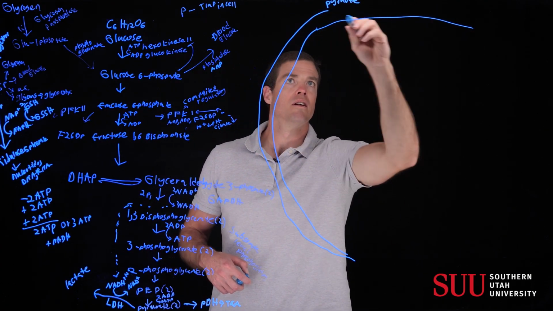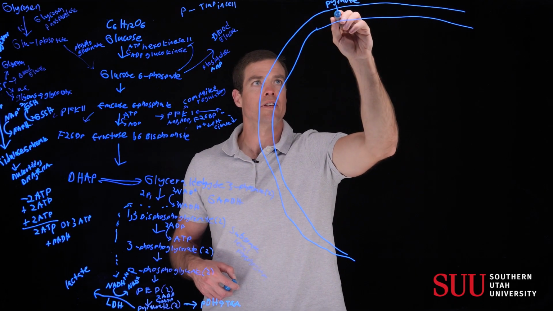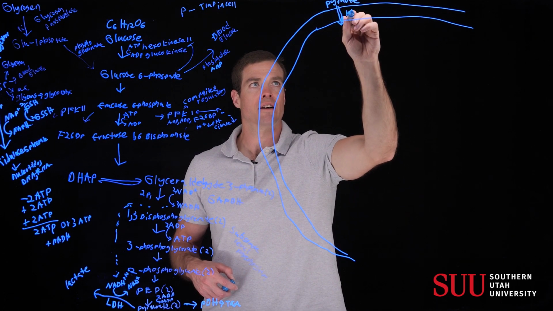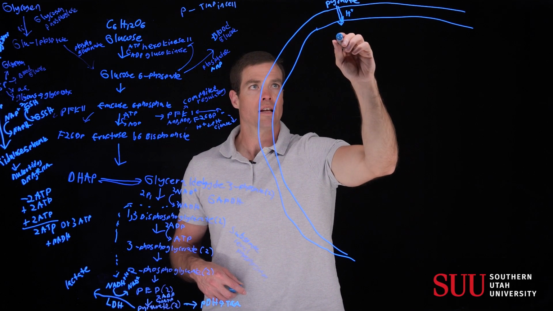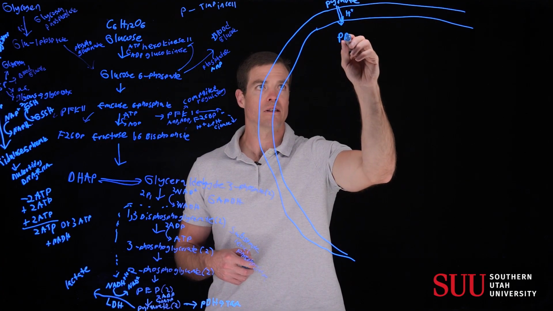We'll have to come back and fix this a little bit, I think. But this pyruvate is going to enter through a specific pyruvate transporter. It actually uses a hydrogen ion as well to get through. And it comes through this transporter, and the first thing it's going to do is meet this PDH complex.